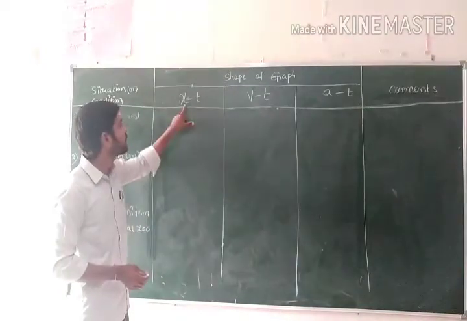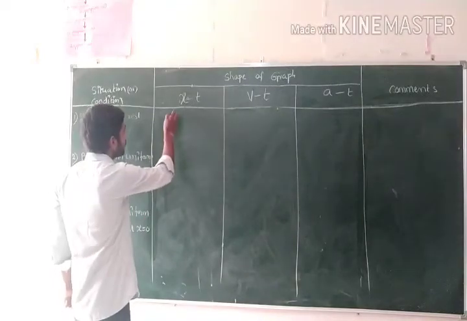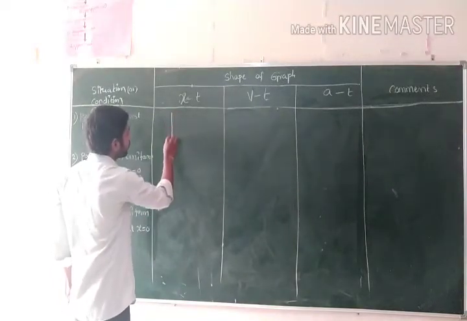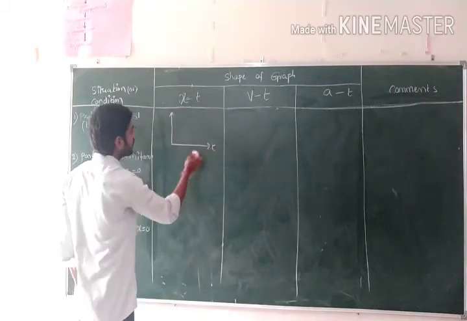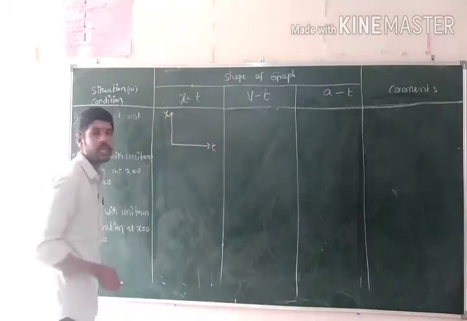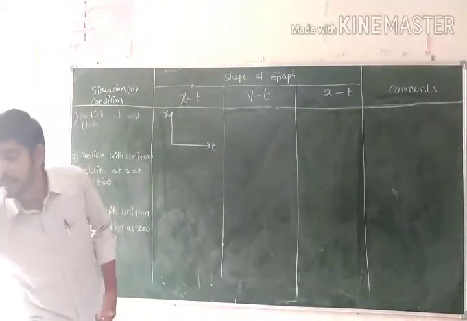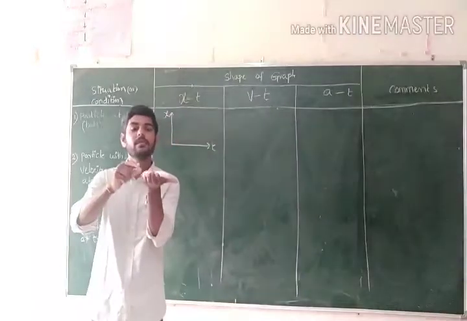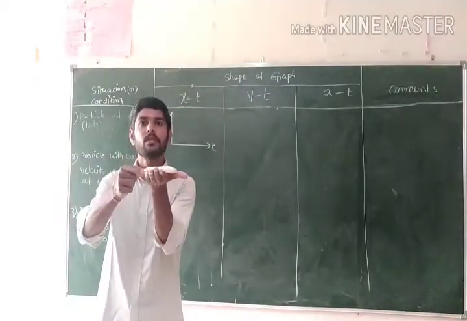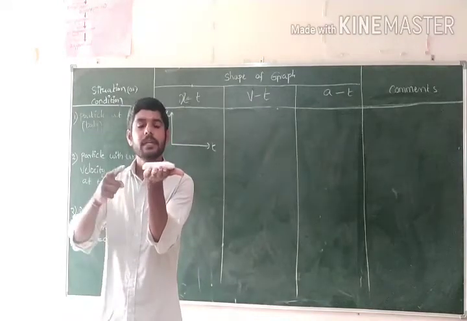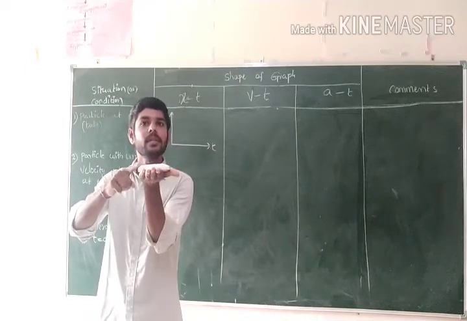x is displacement, t is time. So let's take the graph between x versus t, with t on the x-axis and displacement x on the y-axis. How is the graph derived? The condition is the particle is at rest, suppose one car or body. It is not in motion, so the displacement remains constant.